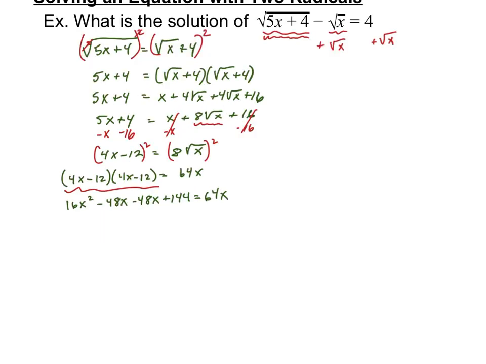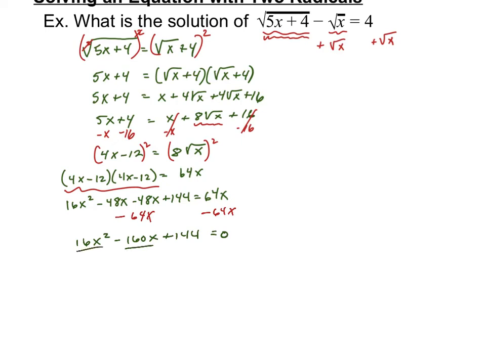Okay, so I've gone and multiplied that out, and we have 16x squared minus 48x minus 48x plus 144 equals 64x. And I go ahead and do my inverse operations to combine like terms. And I believe I end up with that: 16x squared minus 160x plus 144.